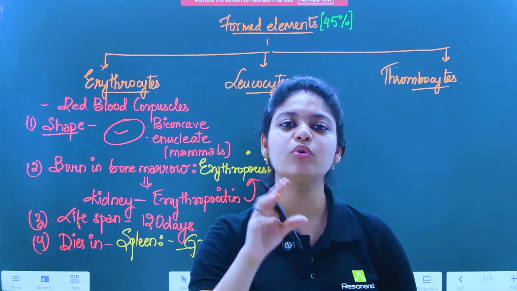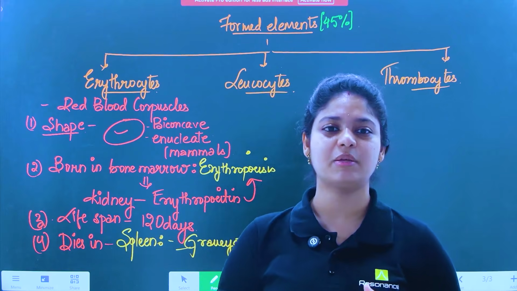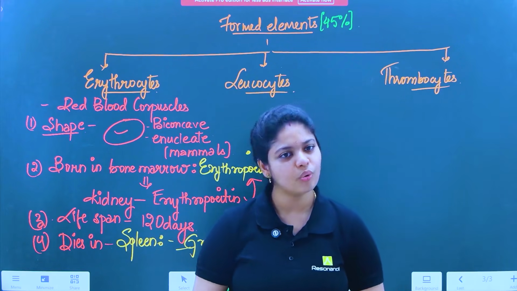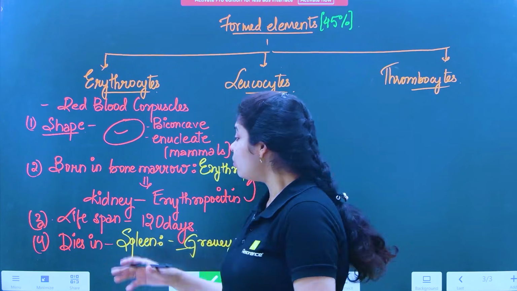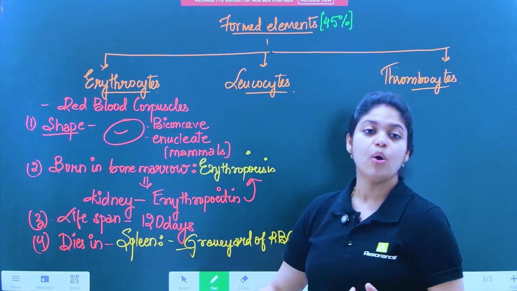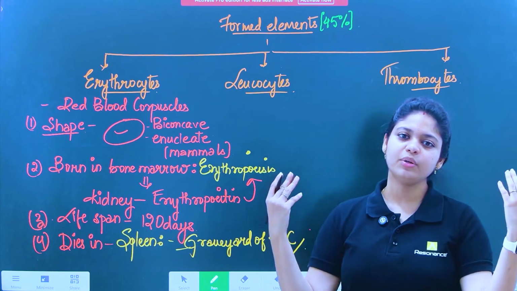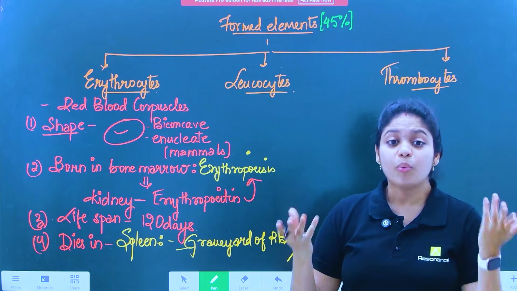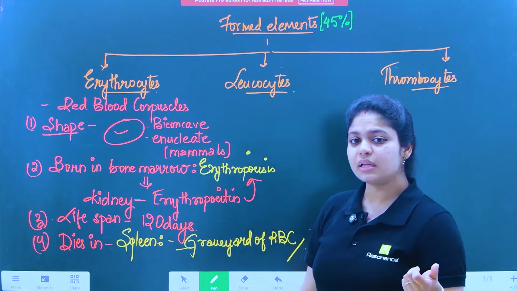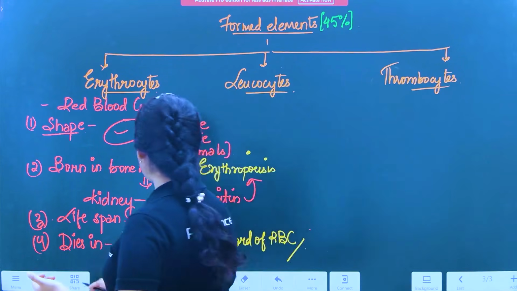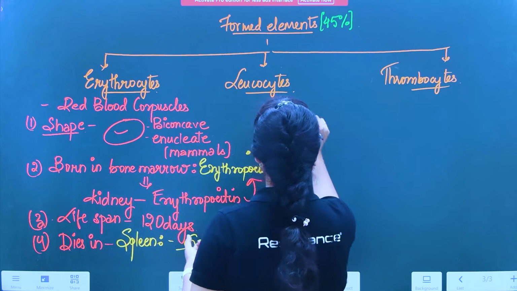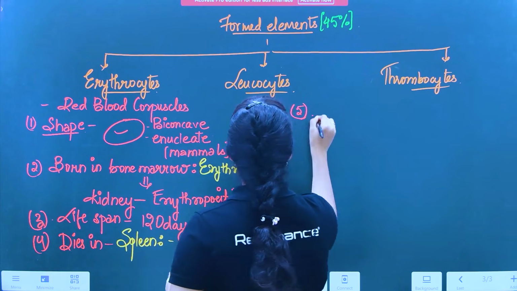Because of this hormone only production of RBC takes place, which is called as erythropoiesis. Got it? Now it will live for a lifespan of 120 days. After 120 days, it has to die. Where will it die? It will die in the spleen. That is the reason why spleen is called as the graveyard of RBC.